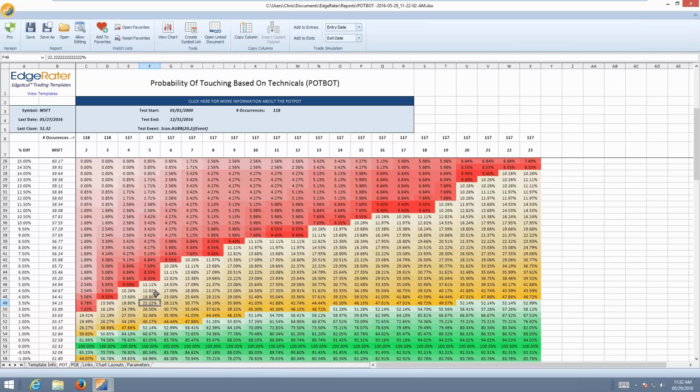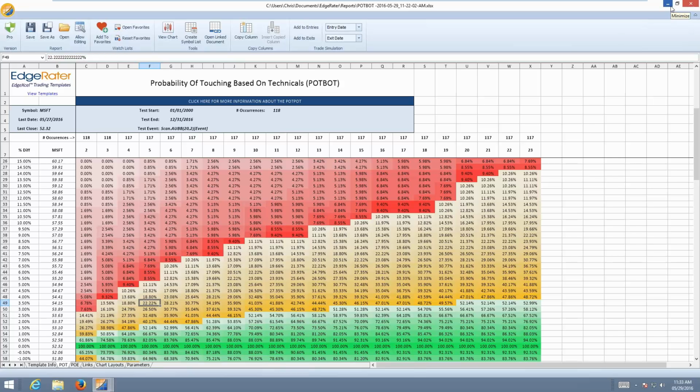Okay, 22% versus the option being priced at only a 10% chance of price touching that level. So it could be handy to know that. That's the way it works. It's just based on the option's expiration and how many days are left to expiration.